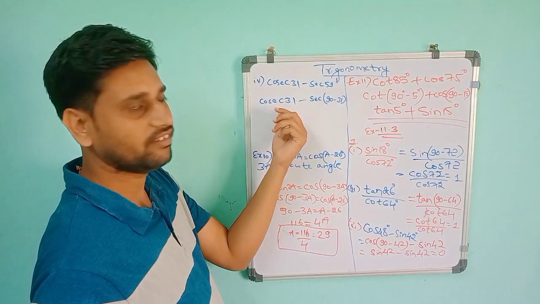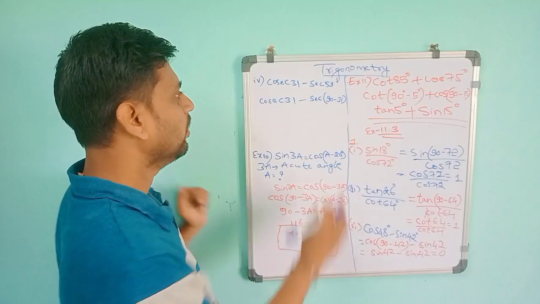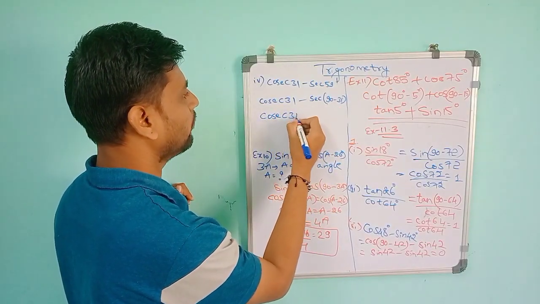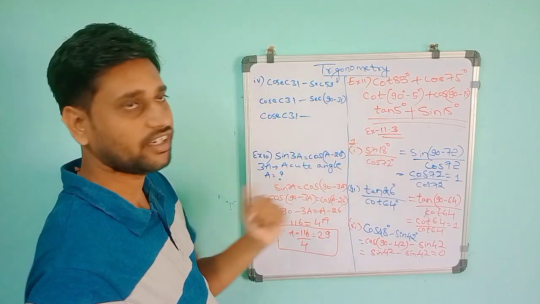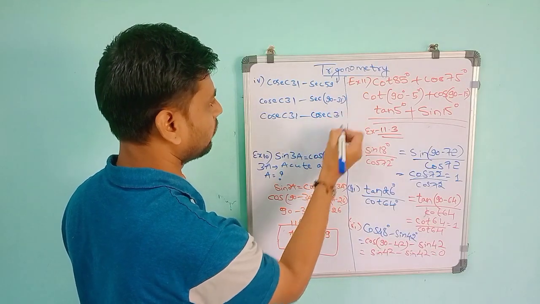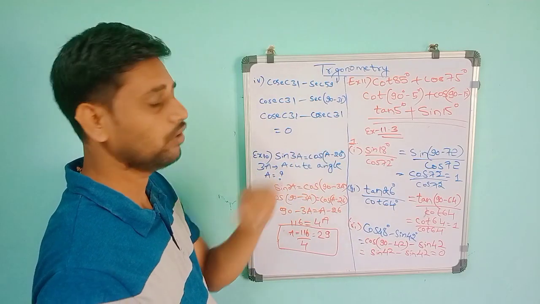Cosec 31 I will keep as it is. So this will be cosec of 31 minus sec of 90 minus 31, and sec of 90 minus theta is cosec theta. So cosec of 31, so it will be 0. Cosec 31 minus cosec 31 is equal to 0.